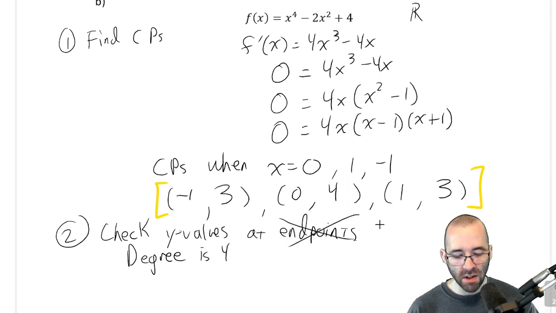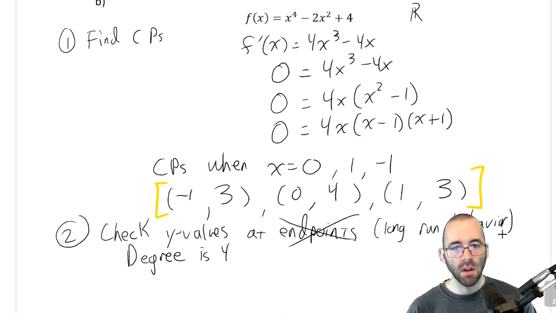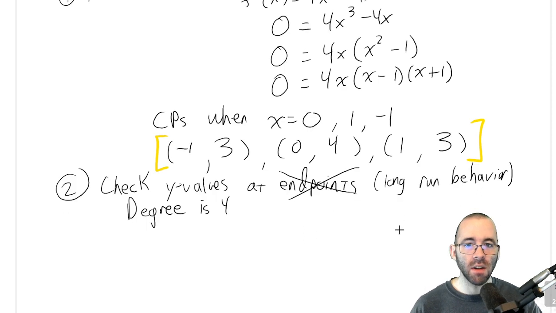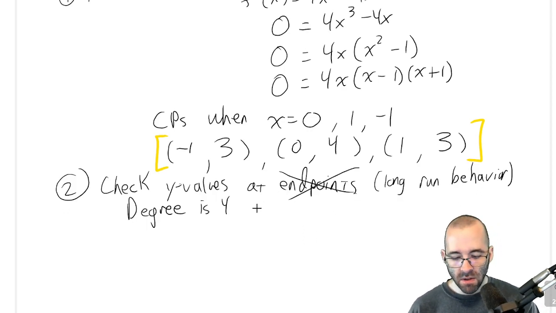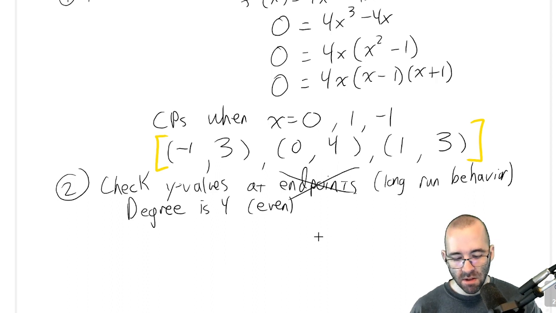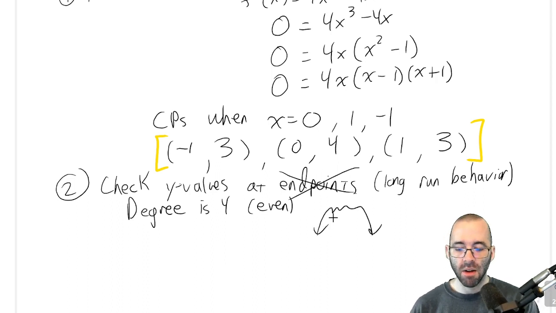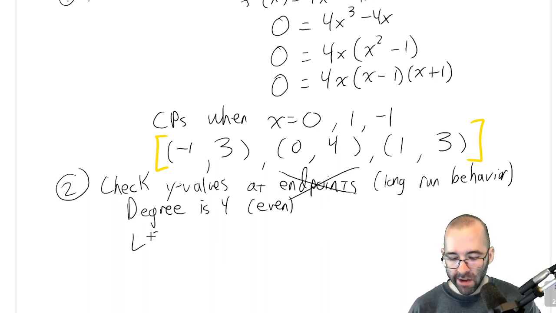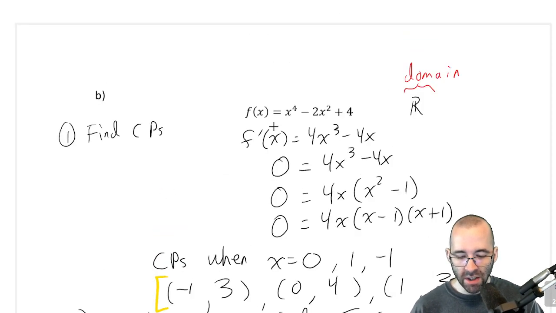Again, there are no endpoints here, so we're going to say long run behavior. The degree is 4, which is even. So we know the long run behavior either has to go to positive infinity on both sides or to negative infinity on both sides. To do that, remember that we have to look at the leading coefficient.